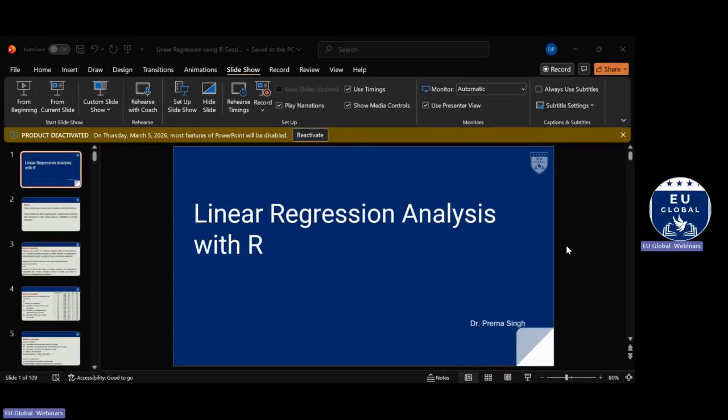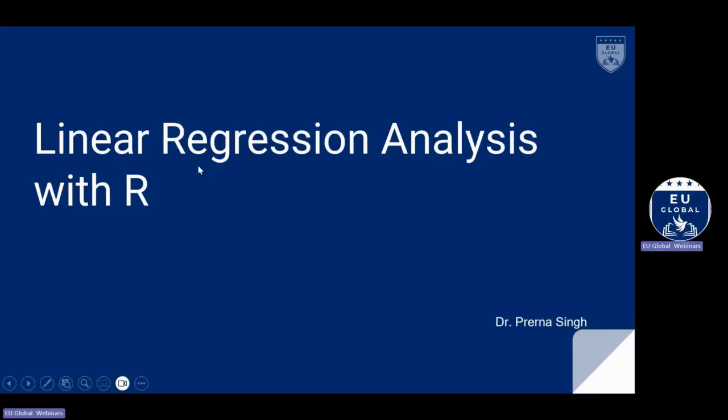So initially we will cover what is linear regression. We will be doing the mathematical modeling with linear regression, and then we will begin with the various methods by which we can estimate the values of beta naught and beta 1, which are the parameters of the linear regression.